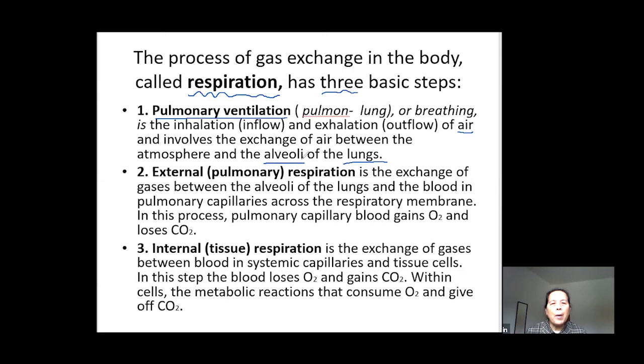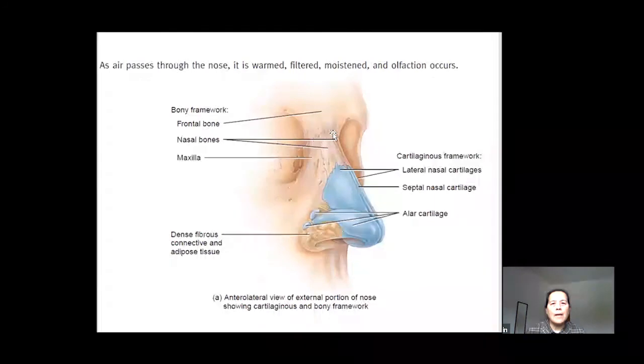And then the second step is external or pulmonary respiration. That's truly the exchange that happens in the alveoli of the lung and the capillaries around the alveoli, the oxygen exchange and the carbon dioxide exchange. So that's the second part.